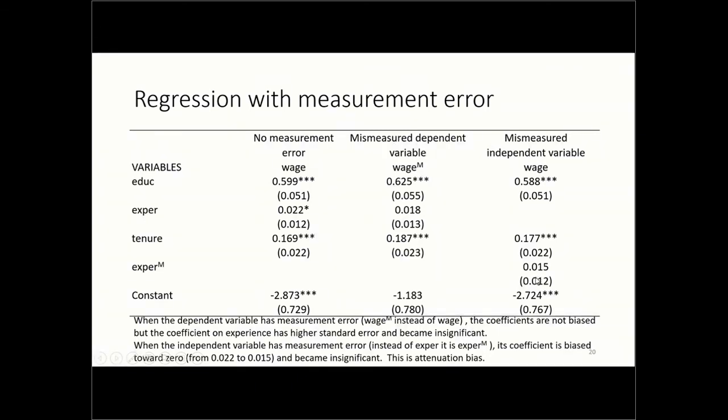So one thing that we're finding here is that that coefficient went from 0.022 to 0.015. So the coefficient actually now is biased towards 0. It just got lower in magnitude, and what we see is that it also lost the star here. So it became actually less significant. So this is the attenuation bias here. When we have an independent variable that's mismeasured, we actually see that its coefficient is biased towards 0, and it also became insignificant.